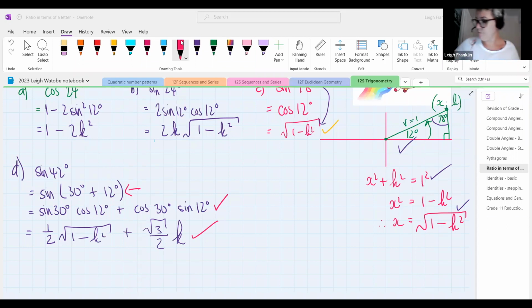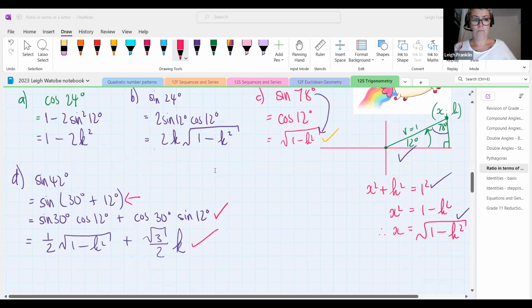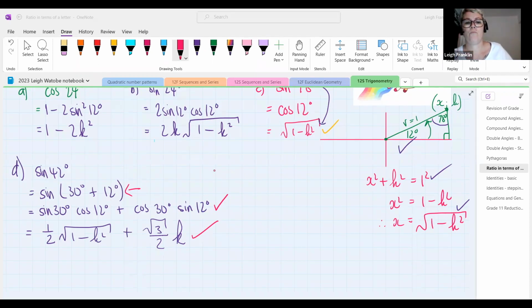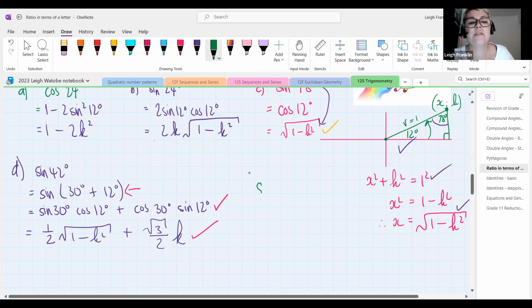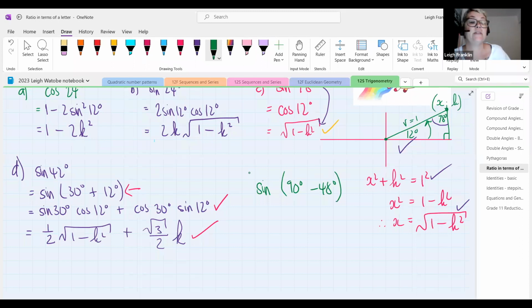What I did is that I saw co-ratios. I said 90 minus 42 and I got cos 48. From there, I saw a double angle. Okay, so the first thing that you did is you said the sine of 90 minus 48 is the sine of 42.